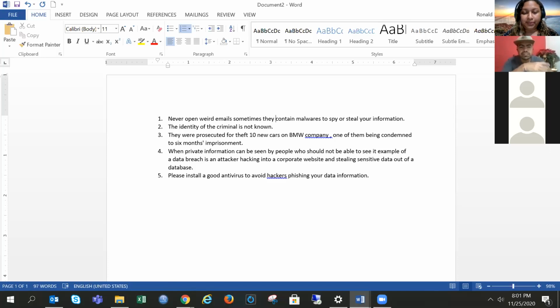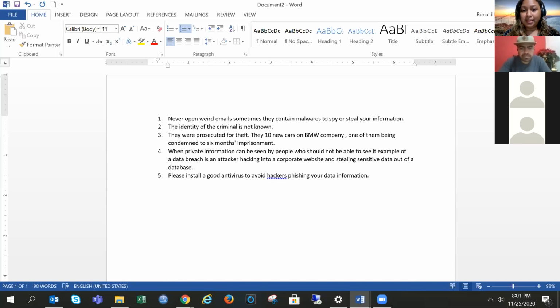Okay, number 3. Theft in Spanish is like saying robo. So it's not the action, it's the event. Theft is the event. So a way to rearrange your sentence is: they were prosecuted for theft, period. Next idea, what's the action?